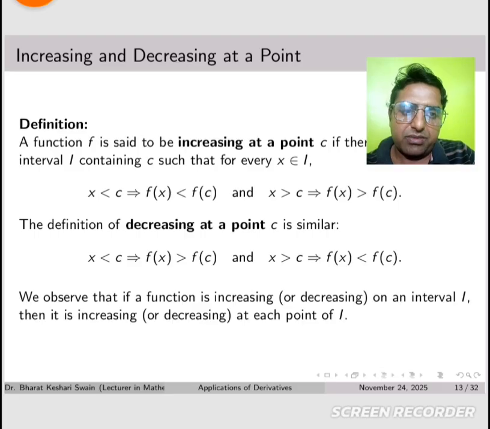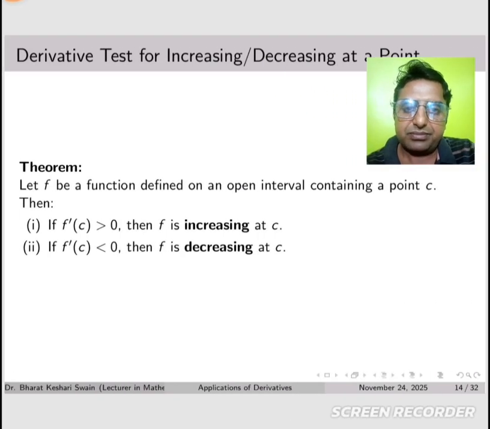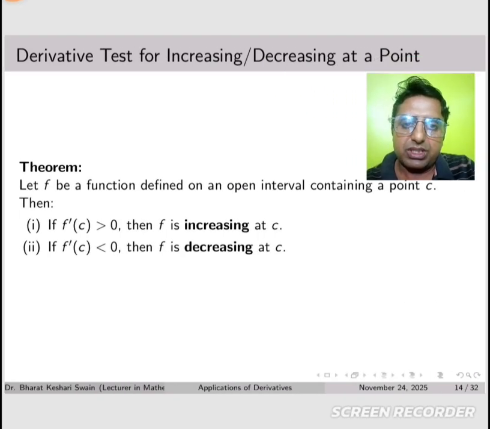Okay, next come to the next slide. So this is the derivative test for increasing and decreasing at a point. To check whether the function is increasing or decreasing at a point, we can use the derivative test.